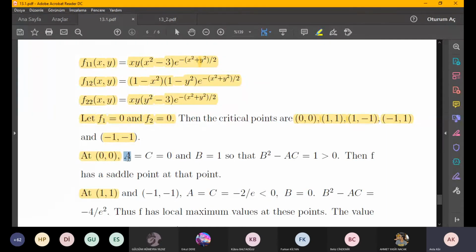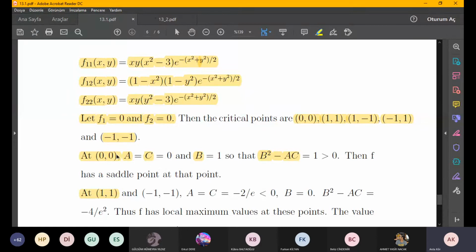So you need to find f11 at the point, which will be A, f12, which is B, and also f22, which will be C. After computing all these, we will compute B² - AC.